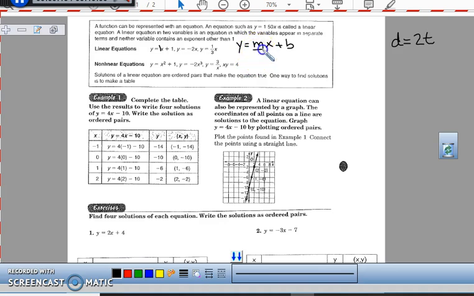The number here in front of the x, remember what we were using that for before, that is the rate. This number here is like a head start, or where something would cross the y-axis. It's called the y-intercept. And we will talk more about that later.